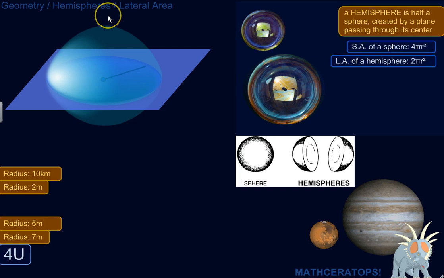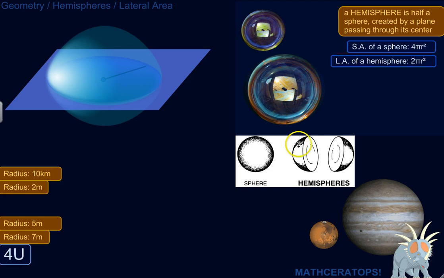So the lateral area of a hemisphere is the surface area of the hemisphere, but you don't include the area of that circular base that you get. When you talk about just the surface area of a hemisphere, you would take the lateral area, plus you would tack on the area of that circular base that's formed when you slice the sphere with a plane.